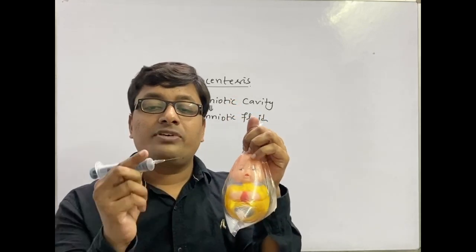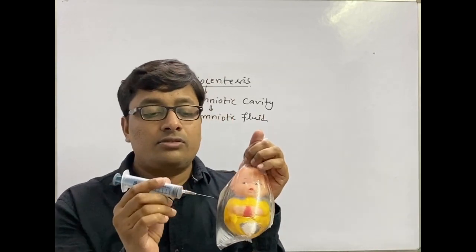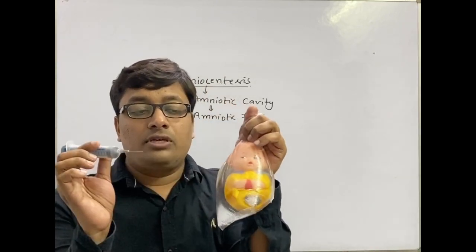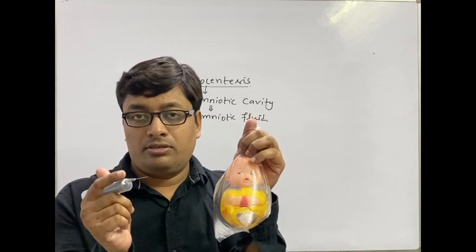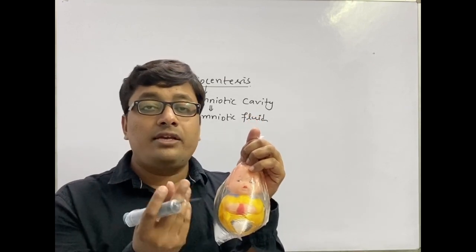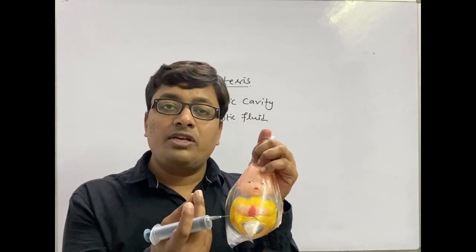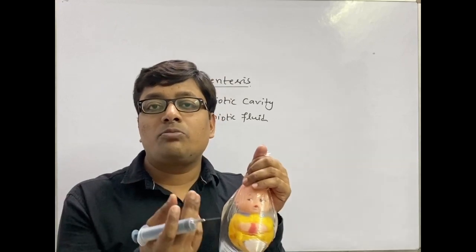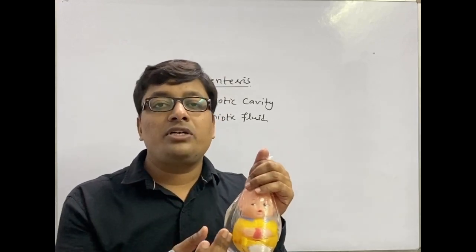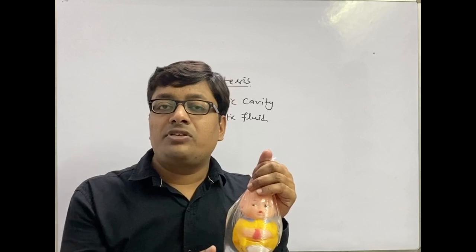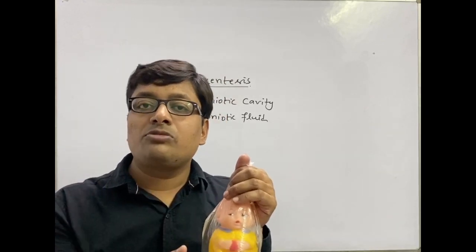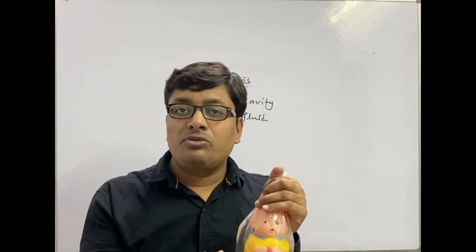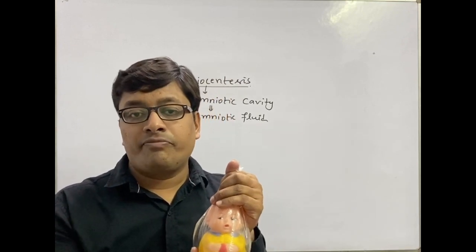So with the help of a surgical needle, this amniotic fluid is taken out to analyze any prenatal chromosomal abnormalities like Turner syndrome, Down syndrome, or metabolic disorders for the deficiency of protein, enzymes or hormones, like phenylketonuria or alkaptonuria.